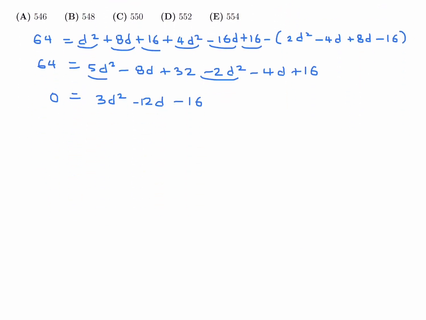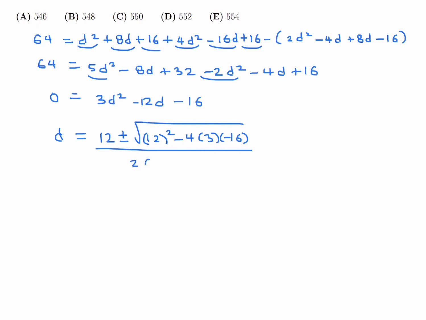So now all I have to do is just figure out D using the quadratic formula. So 12 plus or minus the square root of minus 12 squared minus 4ac, all over 2 times 3. So this is 12 plus or minus the square root of 144 plus 192, all over 6.